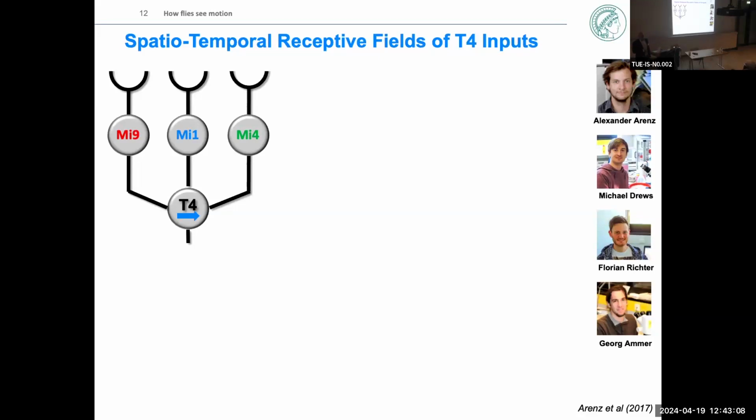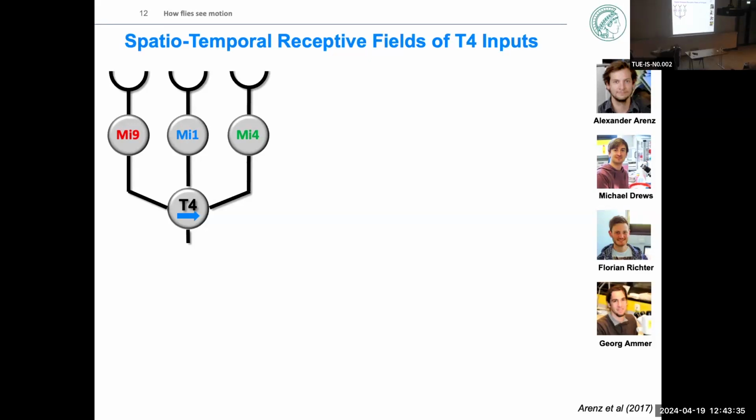And so they could tell us that T4 cells receive input from a total of 7 different cells. And I'm just concentrating here on the major inputs. And the major inputs to the T4 cells are called Mi9, Mi1, and Mi4. And for the James Bond fans, you have the question, is MI6 here? No, it's not. So MI6 is not there.